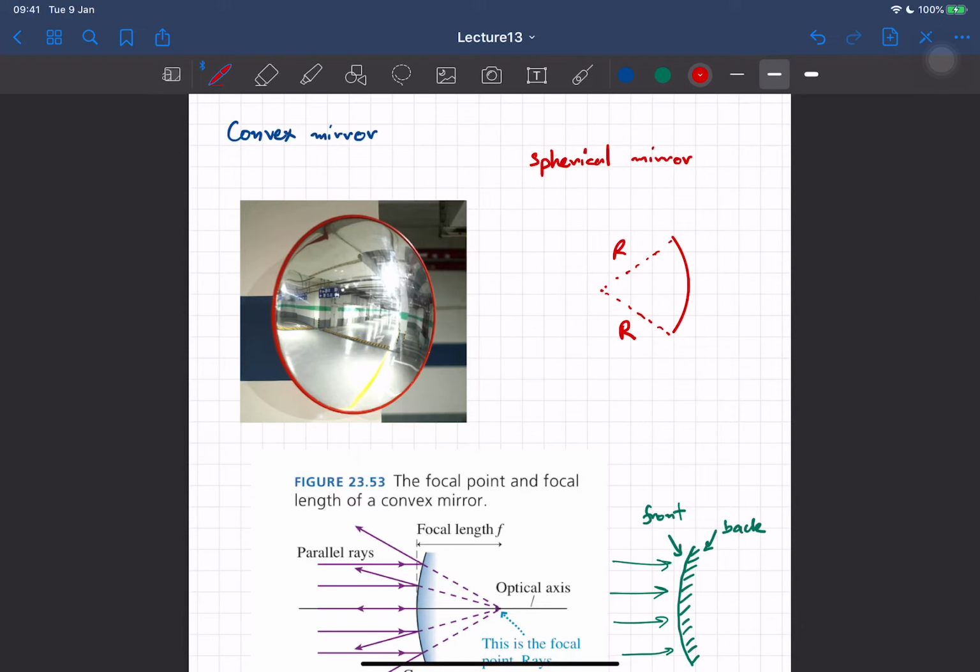And it can be shown, I'm not going to prove it to you, that something called the focal length of the mirror is actually just half of the radius of curvature.